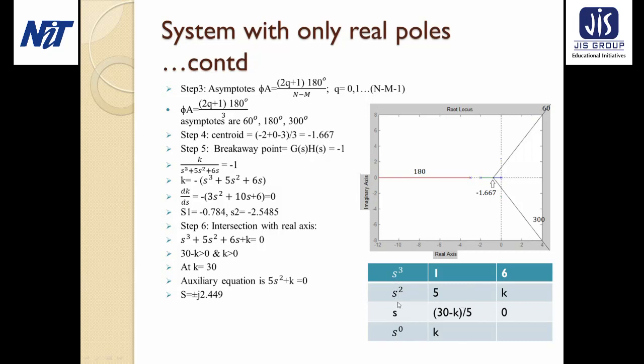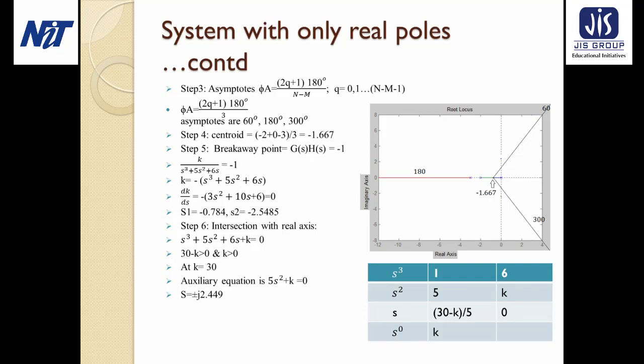And from these two rows, the third row, s to the power 1, can be calculated: that is (5 into 6 minus K) divided by 5, which is (30 minus K) by 5. In this way, as we have learned in the previous video, we can find the Routh table.